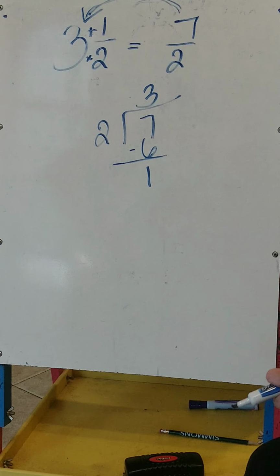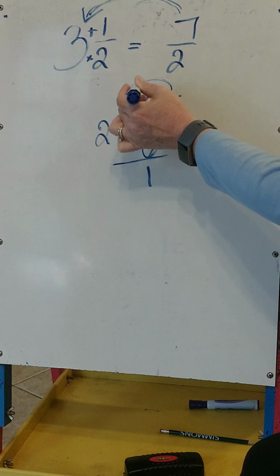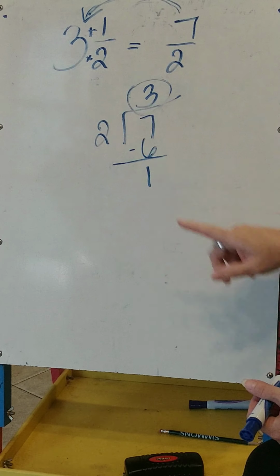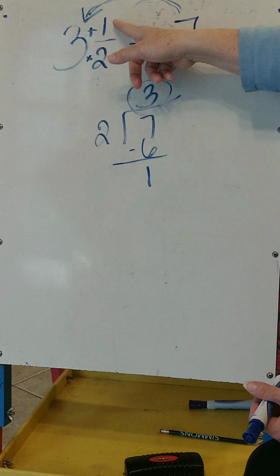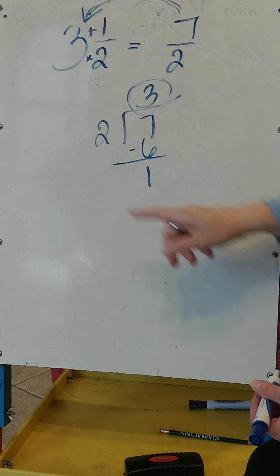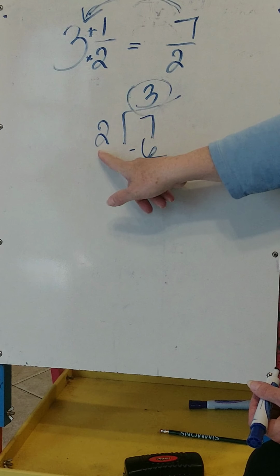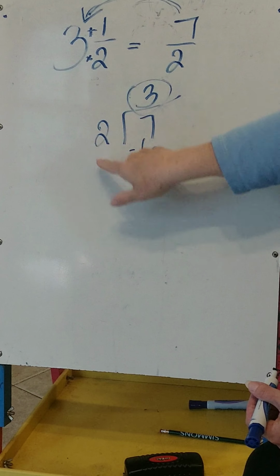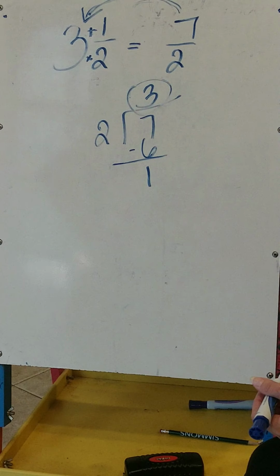Hopefully some of you can see a relationship between what I did in long division and my mixed number on the top. Hopefully you can see that the 3 gives us our whole number. Our remainder gives us our numerator, and 2, our divisor, is going to give us our denominator.